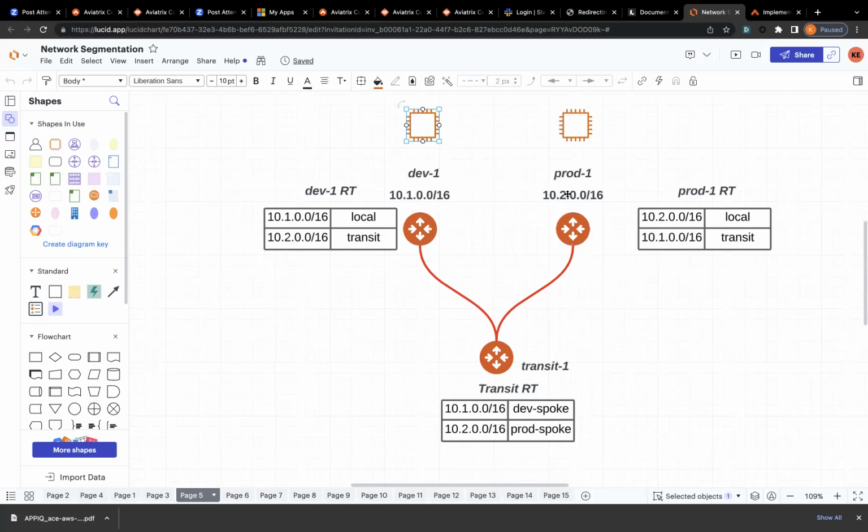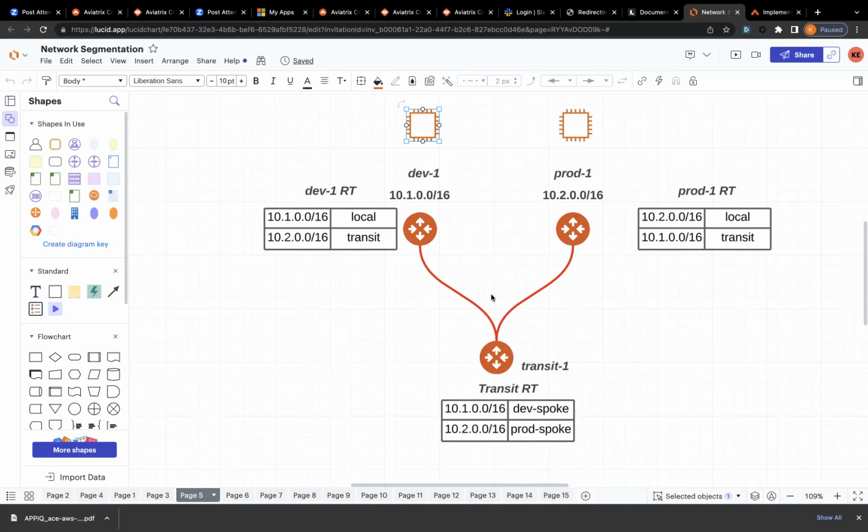And vice versa. If you go to the prod1 gateway, it's going to have the route to itself as local, and it's going to have the route to 10.1 via the transit, and the transit is going to have both of these routes. So it's like three routers connected back to back, and they're sharing all what they know together.